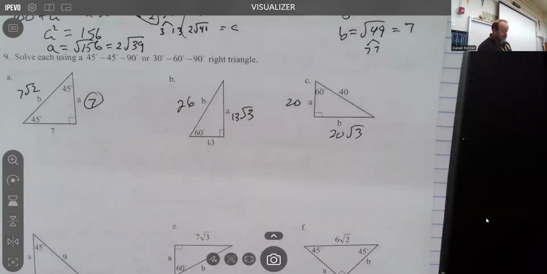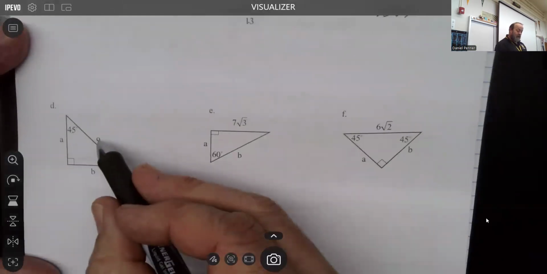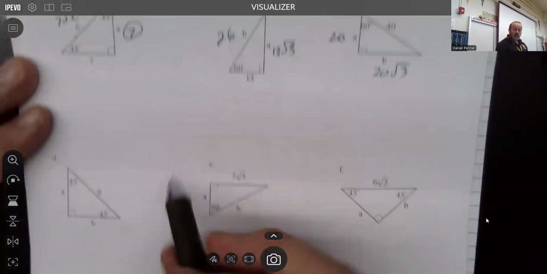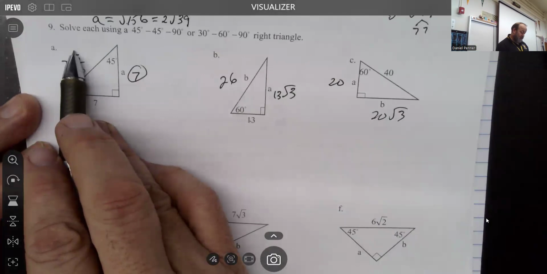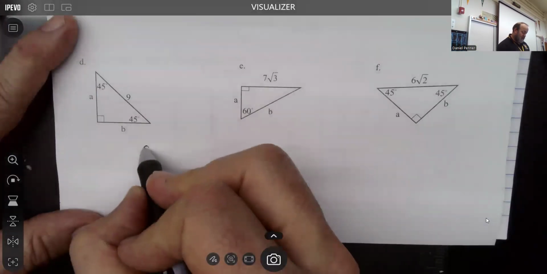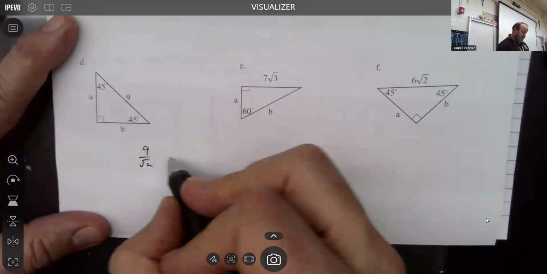That fast. Now, here's where we start to get into the harder problems. So when you try to go from the short side to the hypotenuse of a 45, 45, 90, we multiply by root 2. So I'm going to need to divide by root 2, which is actually something we've discussed that we're not supposed to do.